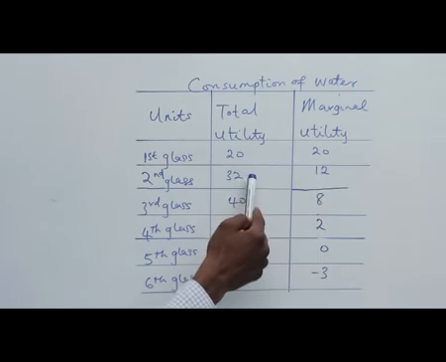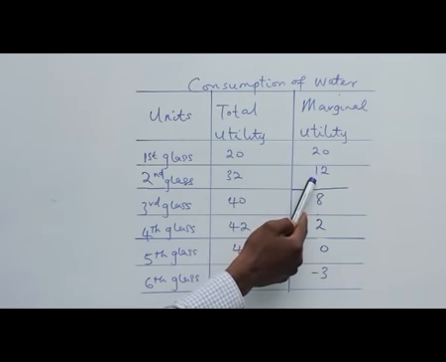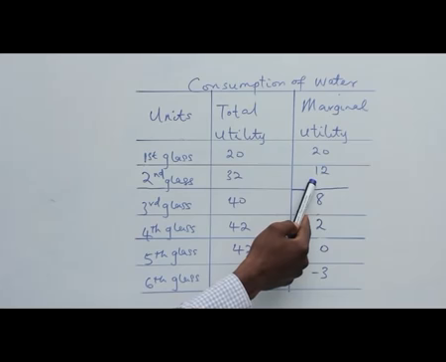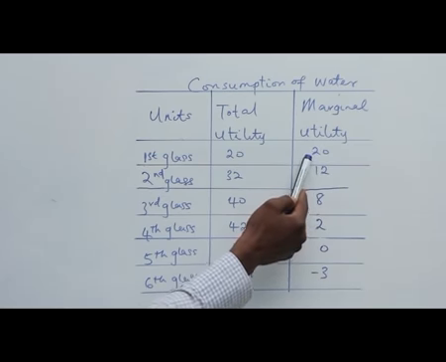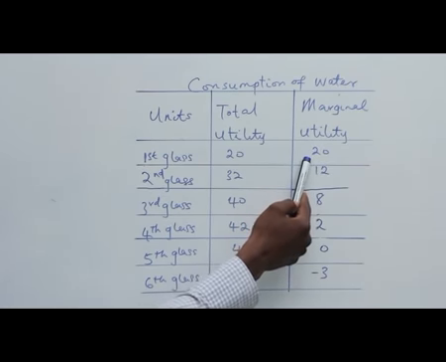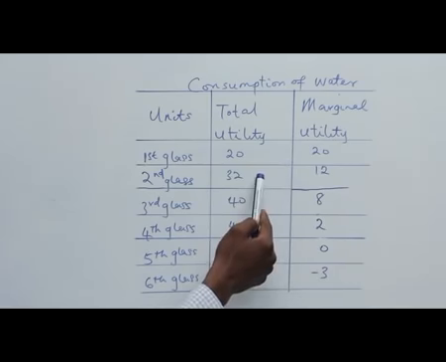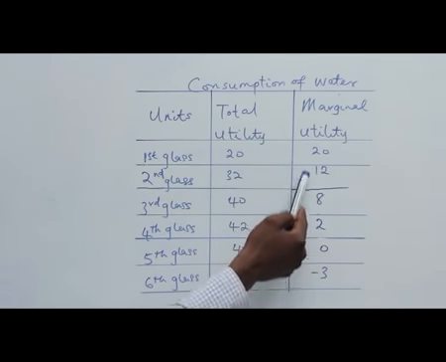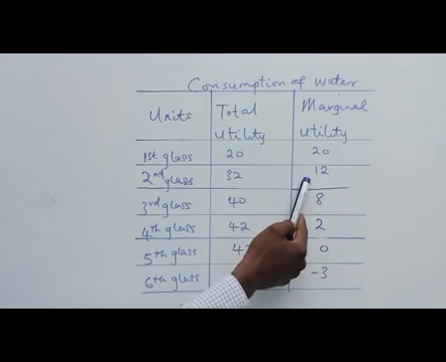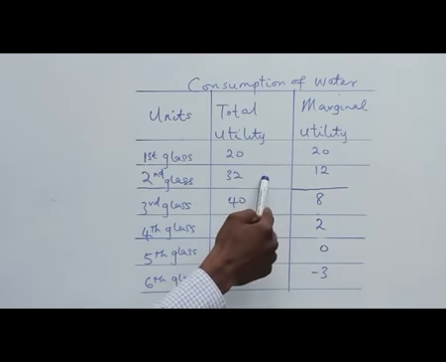That is, the second glass gave the person just 12 increase. When you compare with the first glass of water, the person is able to derive 20 utility. But when it comes to the second glass, the marginal utility has dropped, although there is an increase in the consumption.